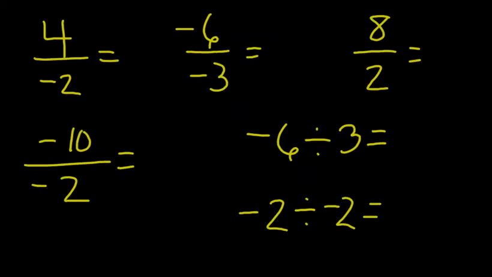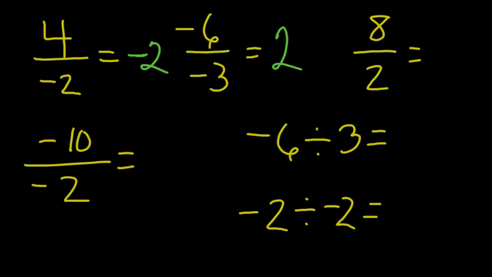Okay, let's practice some division. The first one, 4 divided by negative 2. They're different, so the answer is negative. Okay, 4 divided by negative 2 is negative 2. Next one, negative 6 divided by negative 3. They're the same, so the answer is positive 2. 8 divided by 2.